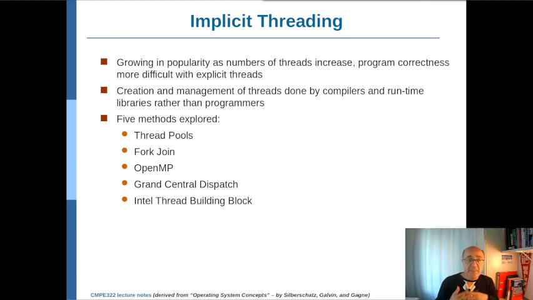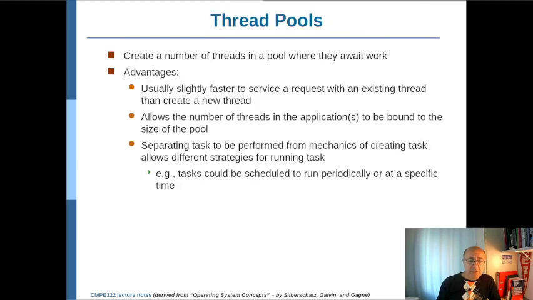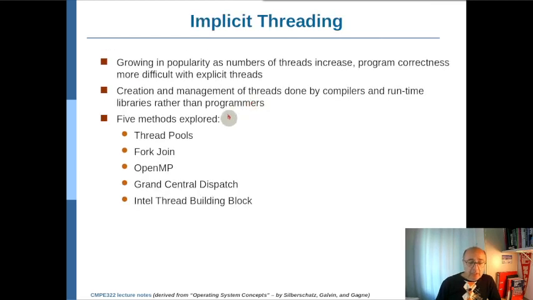So implicit threading is now looking into ways where all this management of thread operations is achieved either by the compilers or runtime libraries rather than the programmers explicitly doing this. We will be looking into 5 methods that are related. These are thread pools, fork join, OpenMP, Grand Central Dispatch, and Intel Thread Building Blocks.